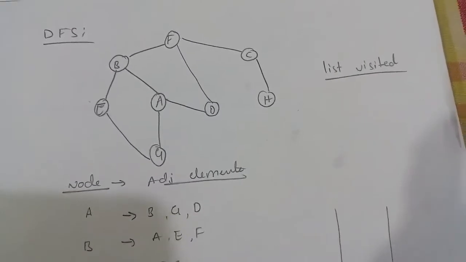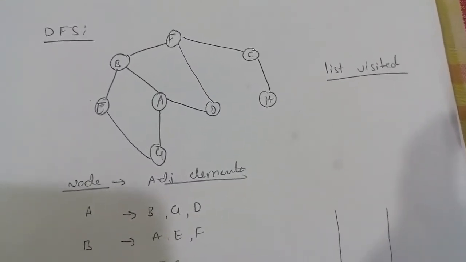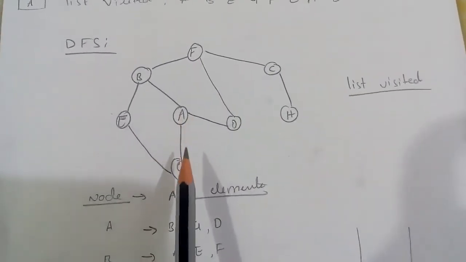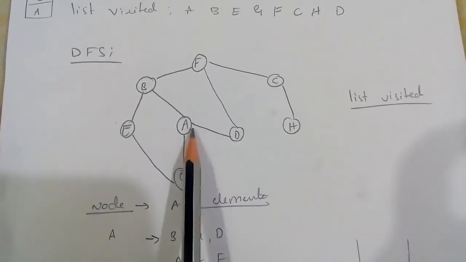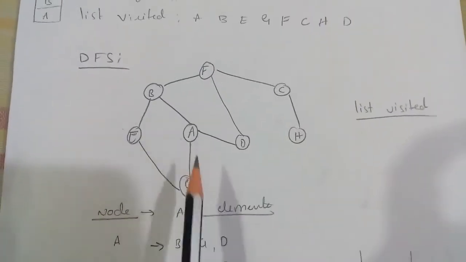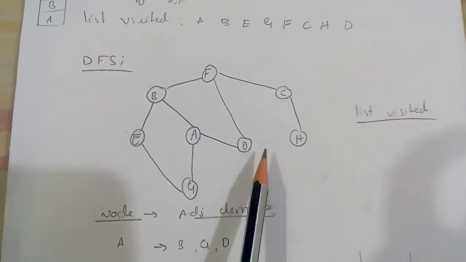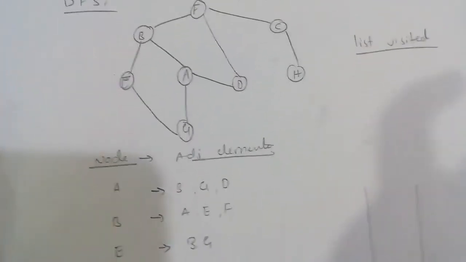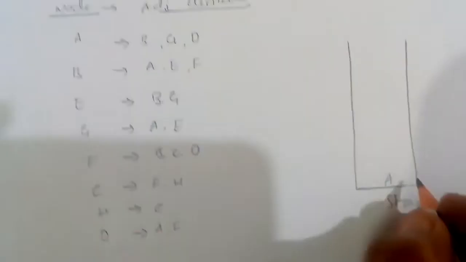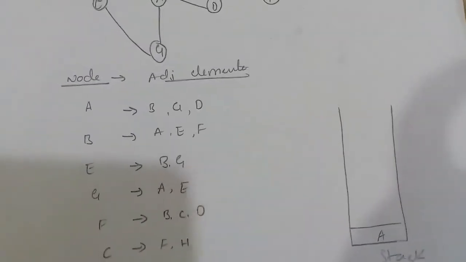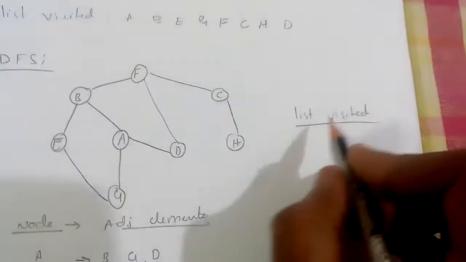So first, the nodes adjacent to node A are B, G and D. We start with node A. First A is pushed onto the stack, and it is also added to the list as visited.